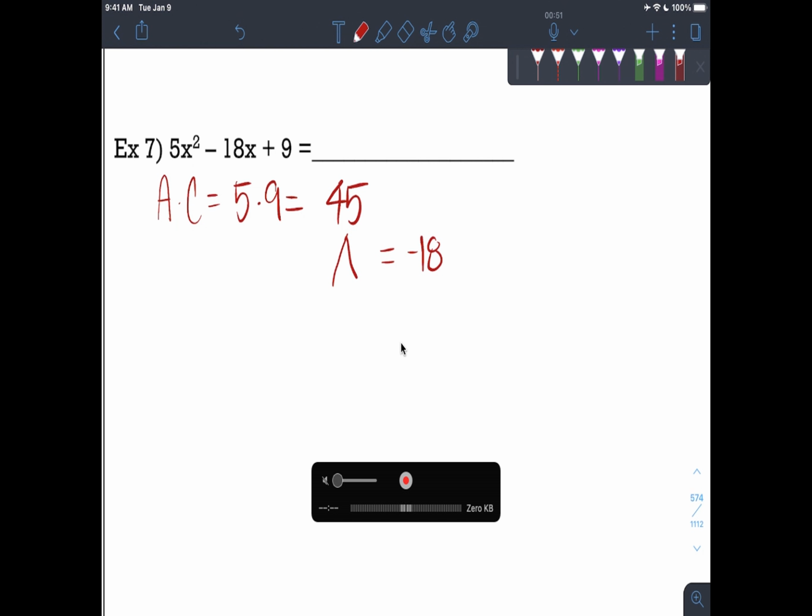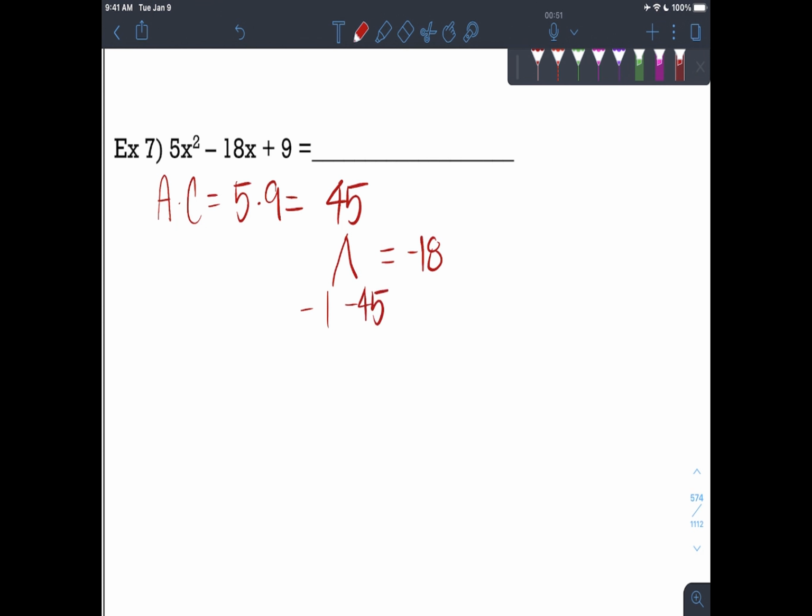Okay, so obviously there's got to be a negative number there. And obviously, because this is positive, if there is one negative number and this is positive, then this has absolutely got to be two negative numbers. So let's try a few. -1, -45, no. -3, -15, yes. Those are my numbers. Let's go ahead and split apart that B term.